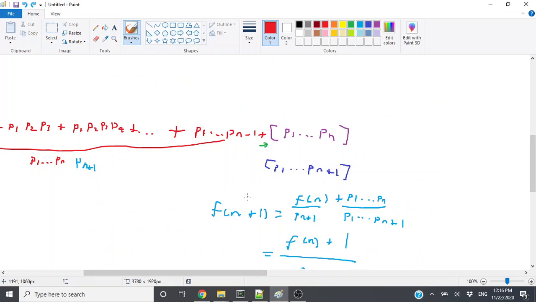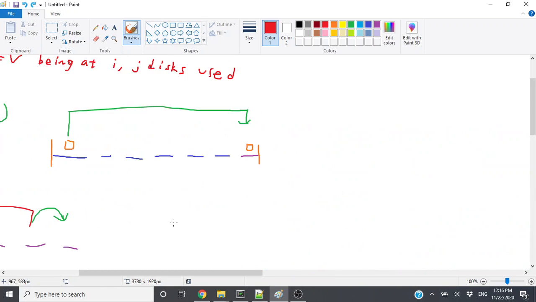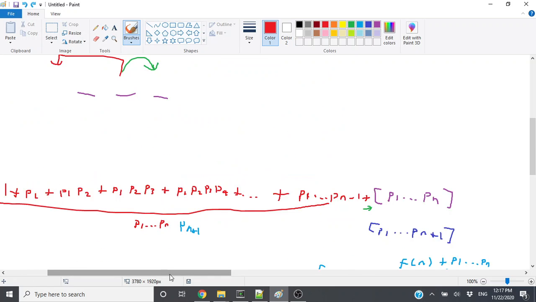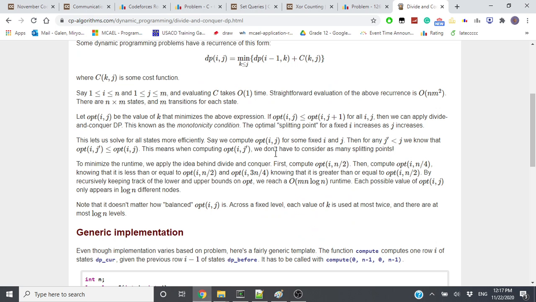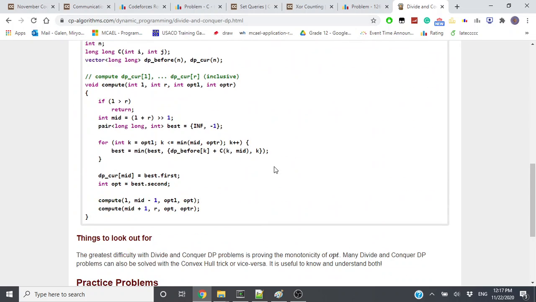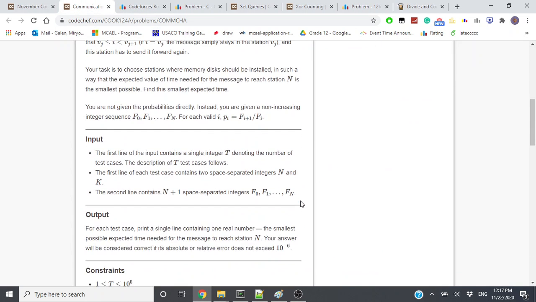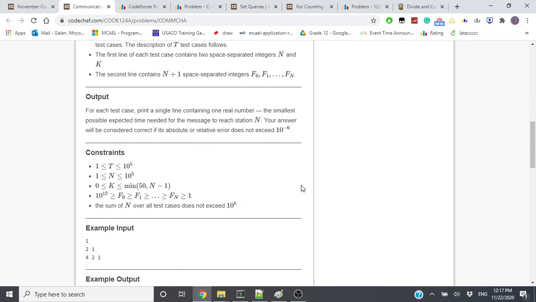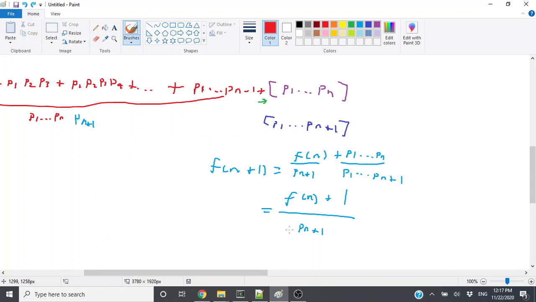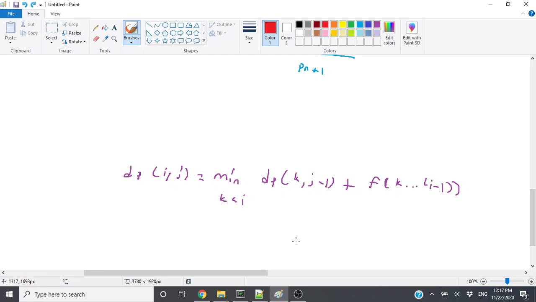Yeah, this is the recurrence we have, except we swap the two things, which is fine. That's not a big deal. Question is, is this even possible? Does this work? Could also be something like convex hull trick. Just some sort of advanced DP, right? That's what we're doing here.